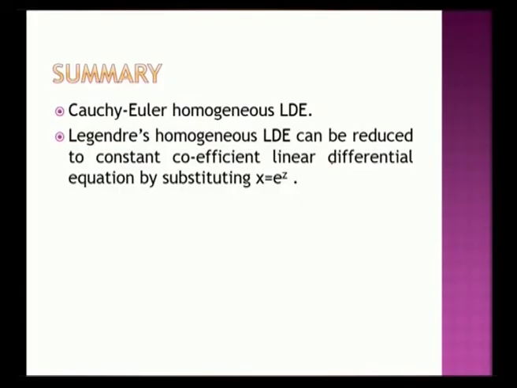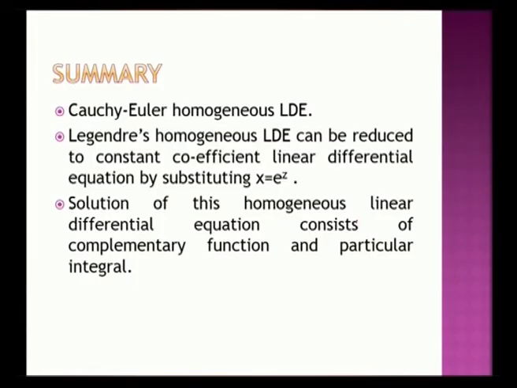Then Legendre's homogeneous linear differential equation can be reduced to a constant coefficient linear differential equation by substituting x is equal to e power z. The solution of this linear differential equation consists of the complementary function and the particular integral.